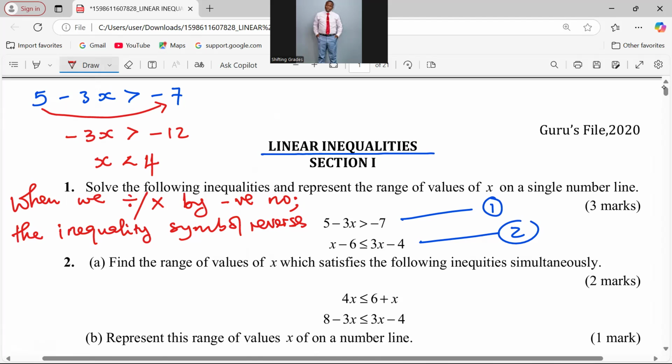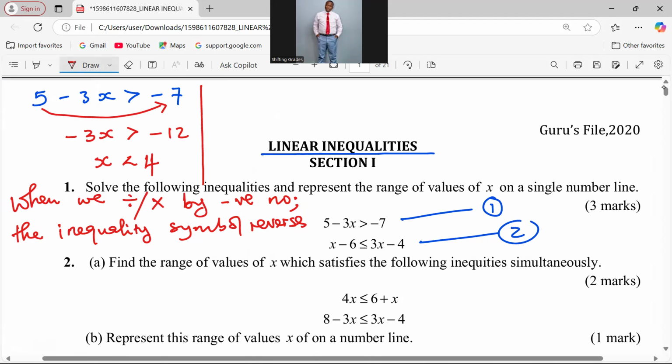The same inequality can be solved in a different way, because it is not all the time that the learners will be aware of this note, that when we divide or multiply by a negative, we reverse the sign. We can avoid all that by ensuring that we do away with the negative in this way.